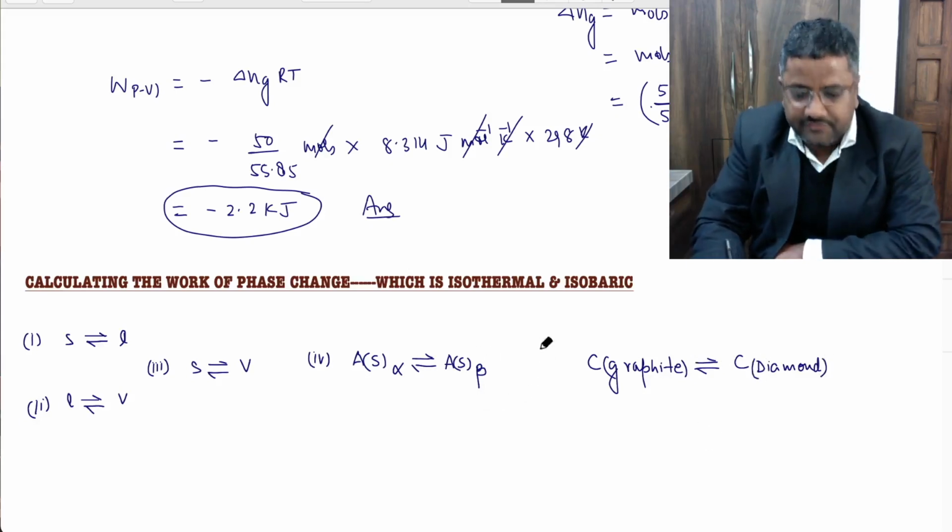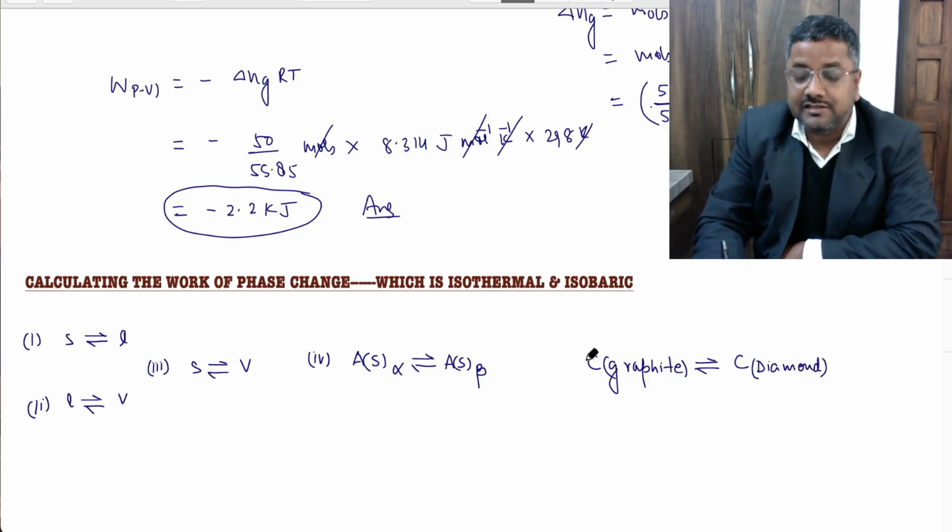What is the correct definition of phase? A phase has the same properties throughout. Graphite and diamond do not share the same properties. They have entirely different properties, although both are solid. So they represent different phases.